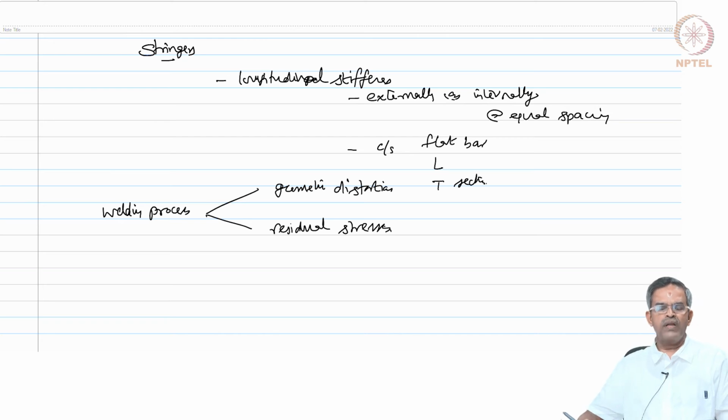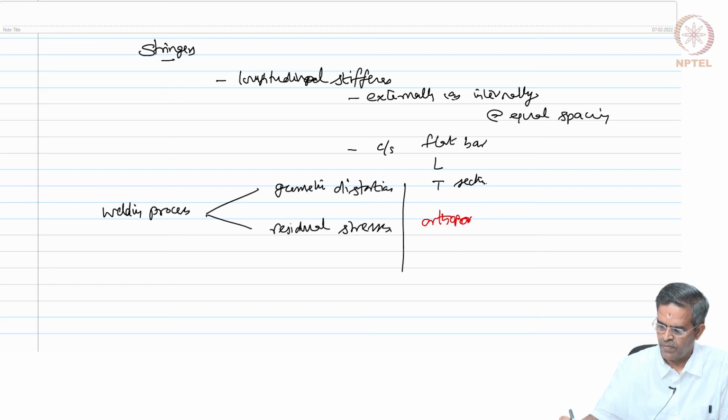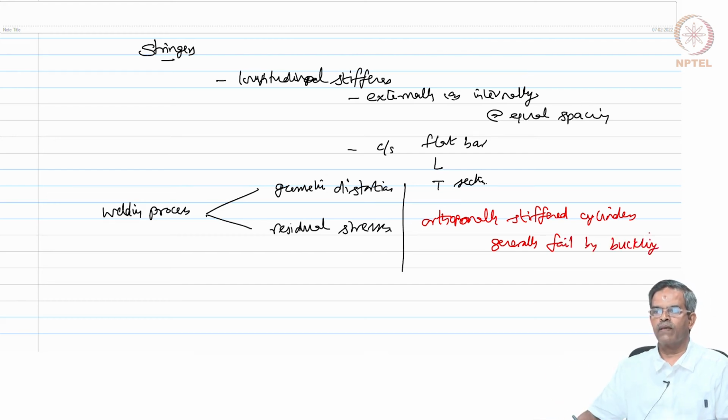Upon the types of failure, orthogonally stiffened cylinders generally fail by buckling. This buckling can be in different modes.